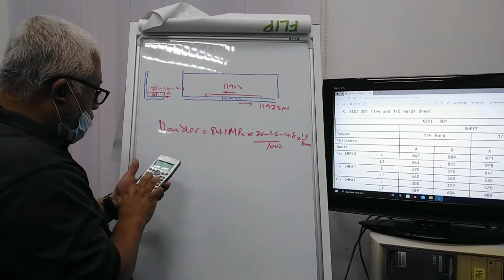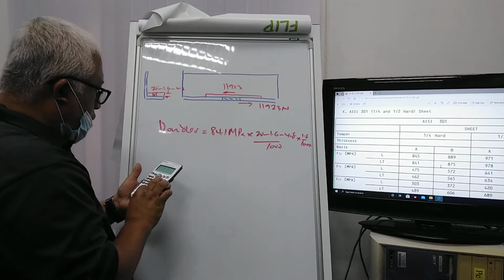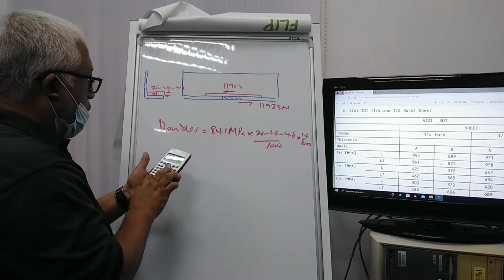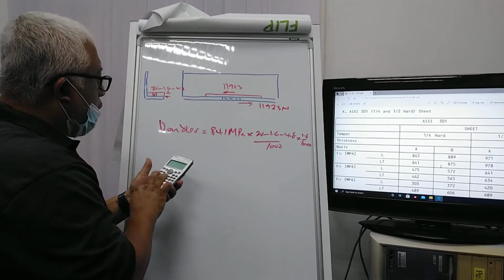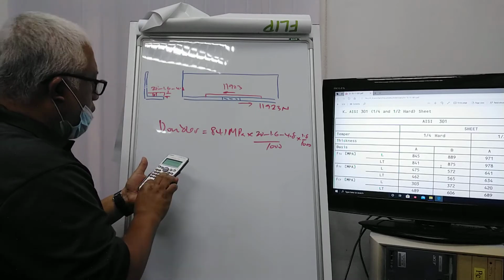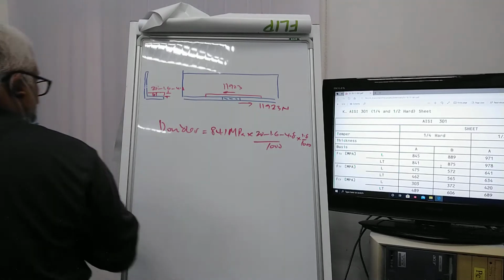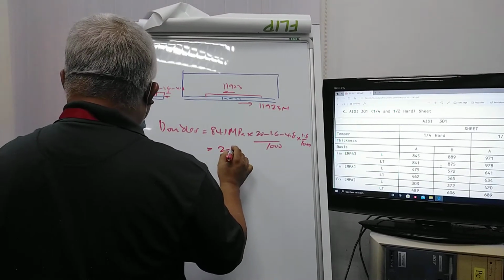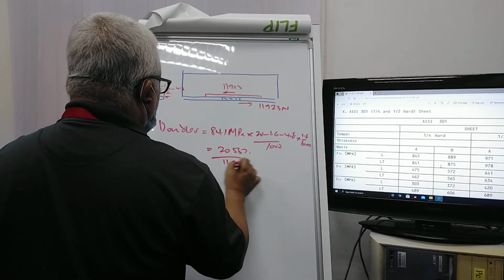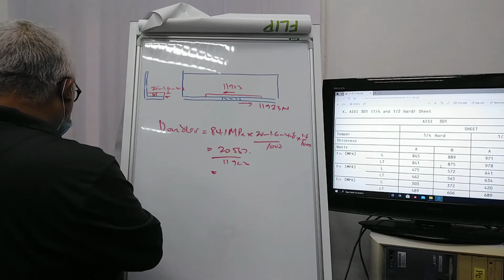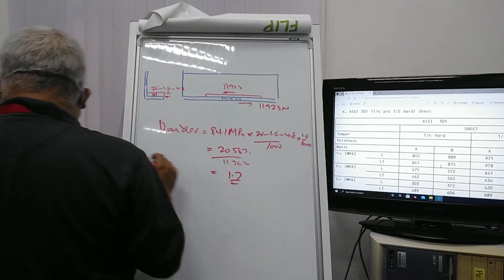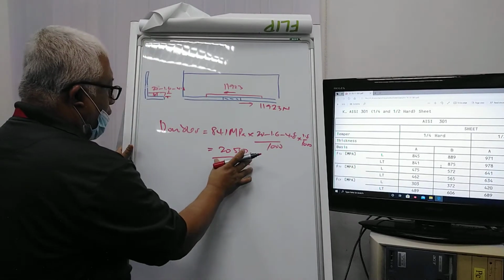So 20 minus 1.6 minus 4.8 divided by 1000, times 1.8 divided by 1000, times 841, gives 11,923. Dividing by the load loss of 11,923, we get 1.7. So the factor of safety is 1.7.